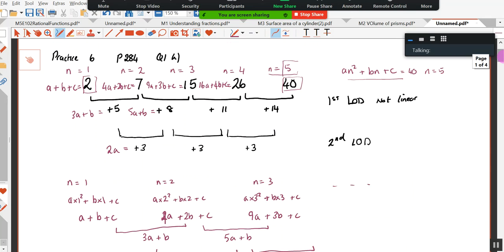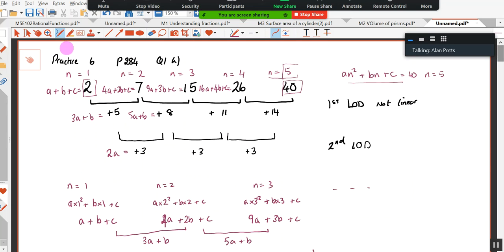All right. So if I just write this off to the side, I only need this one and this one. I could use any of them, but I might as well pick the three easiest with the lowest coefficients. So I can say that a plus b plus c equals 2.